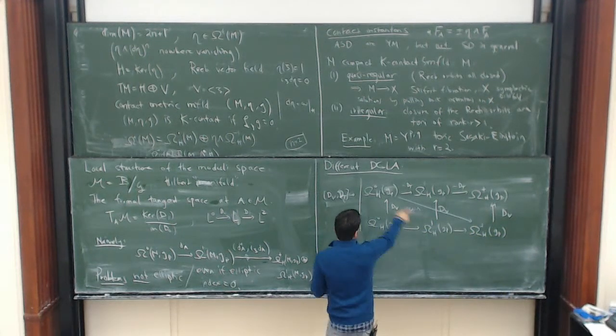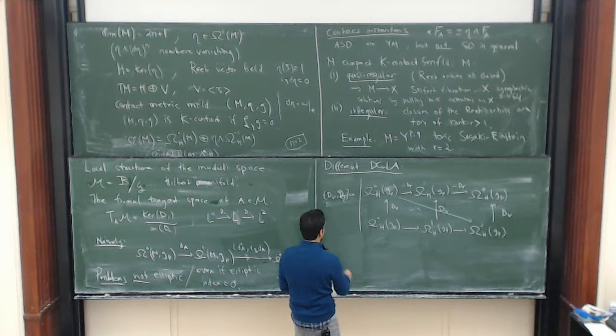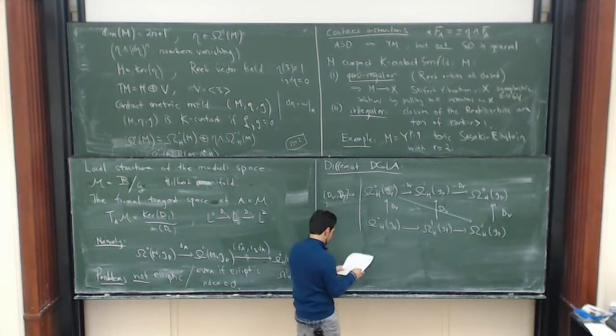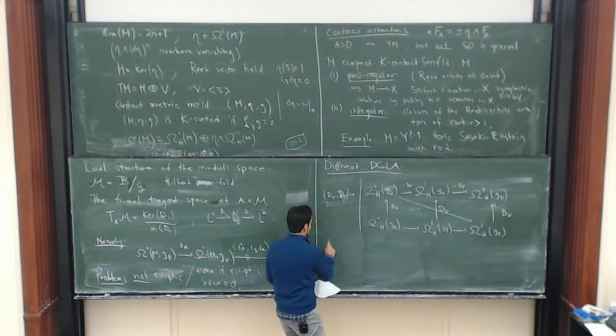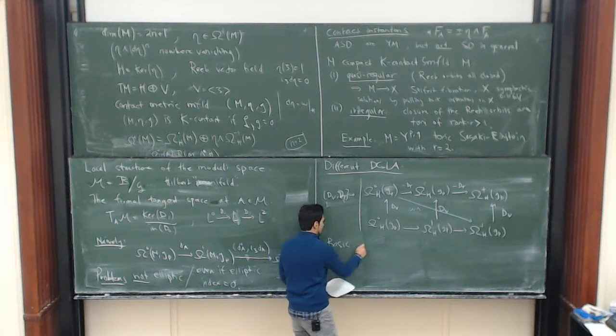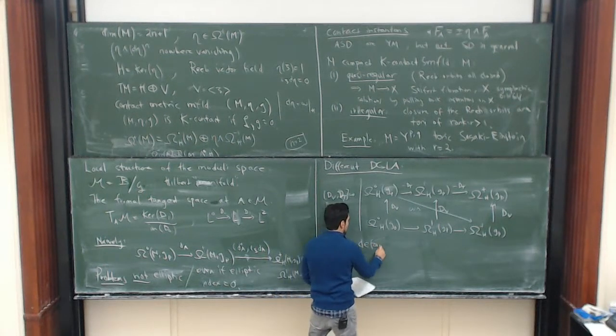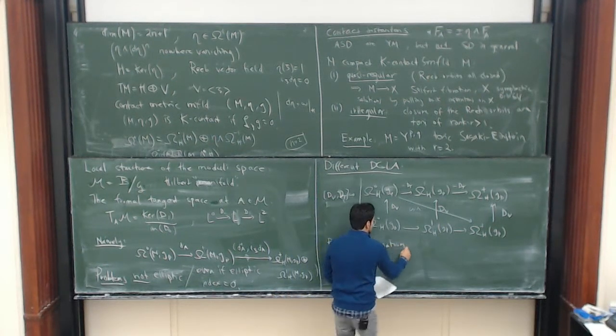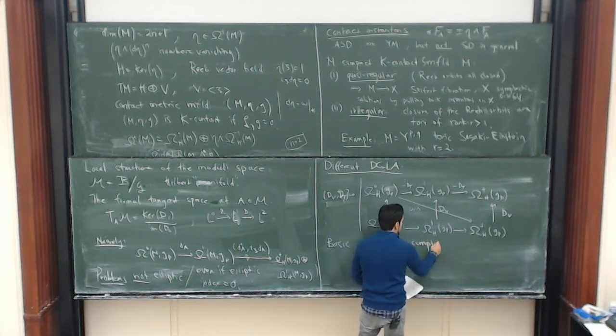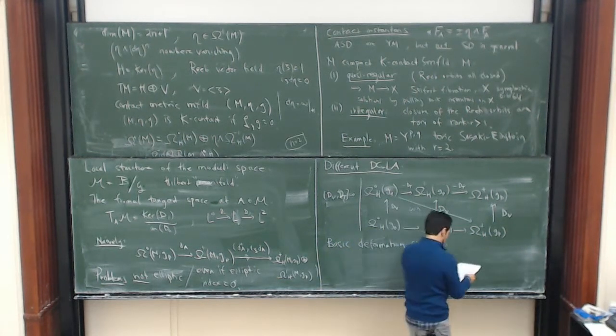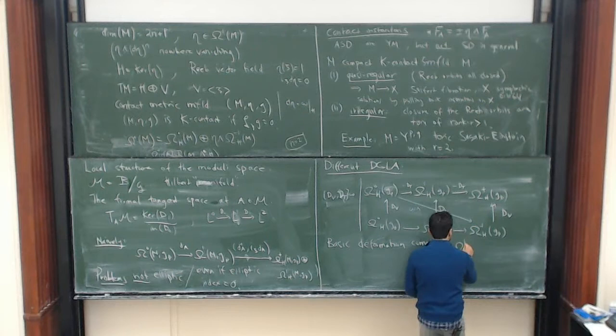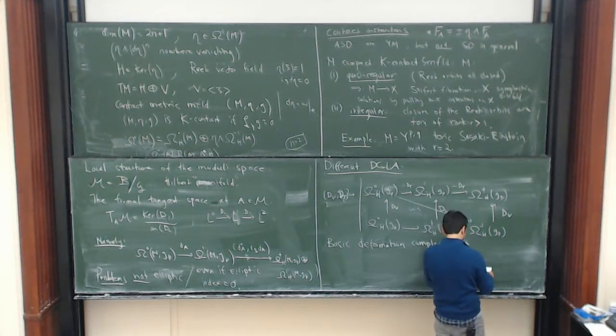So it makes the analysis much easier. In the anti-self-dual case, you have to do a bit more work. So what you can do now, you can define the basic deformation complex by defining it as the kernel of these vertical differentials.